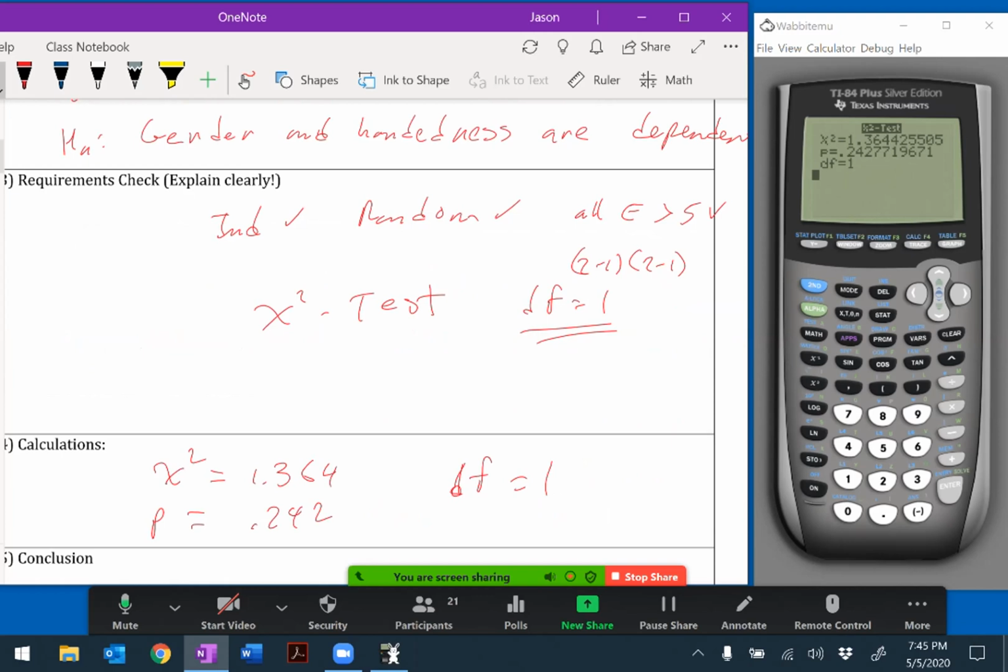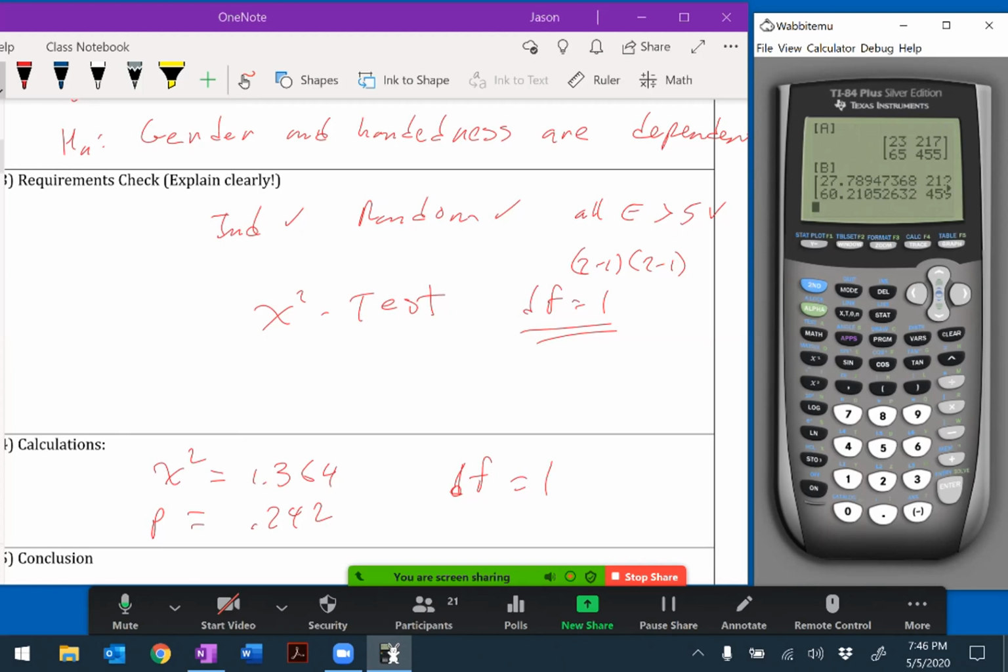If I go back to matrix, the observed is matrix A and the expected is matrix B, and those are my expected counts, if they wanted you to do the expected counts.